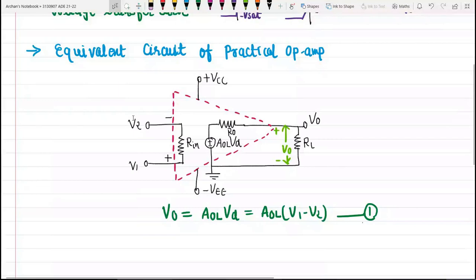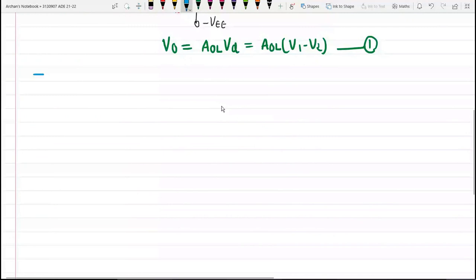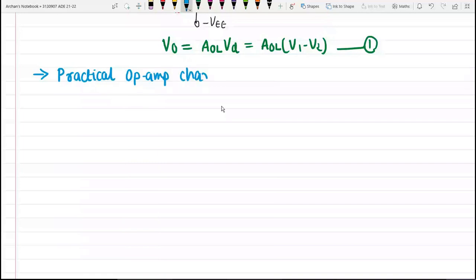Now let us come back to the practical op-amp characteristics. Up till now, whatever characteristics we have seen were ideal characteristics. We were considering the ideal values of each and every parameter. Now, whenever we are practically implementing the circuit, whatever operational amplifier we are using, what will be the actual value of these parameters, that is what we have seen.